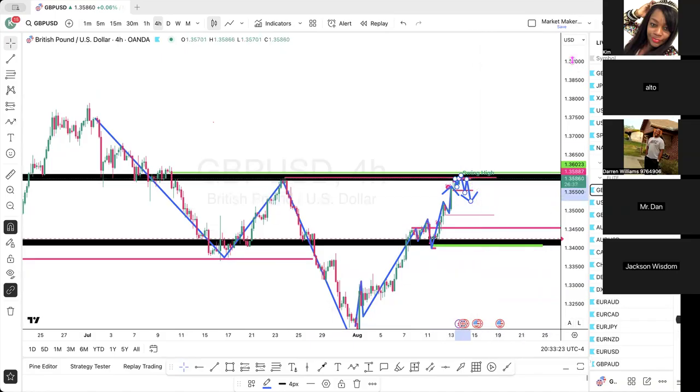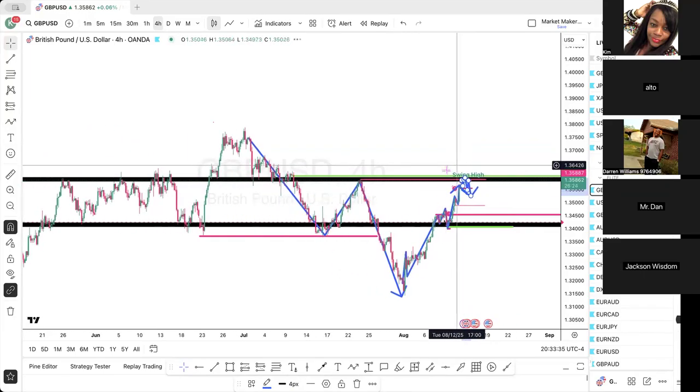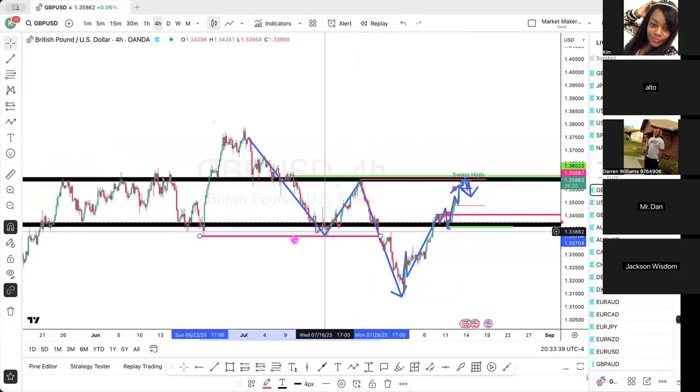So I'm not expecting price to break above, but if it does, then I know I have to shift my thought process to buy. Because remember, I don't know if you heard me earlier, for me, this was the market structure shift here.